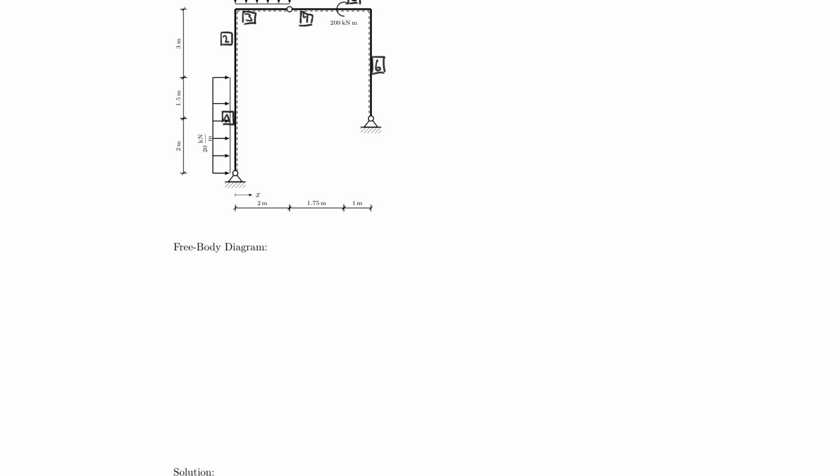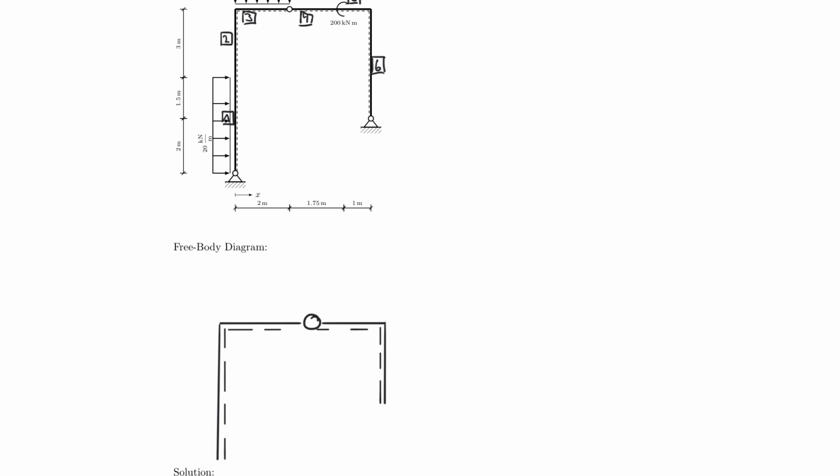So for my free body diagram, I have to include my forces. And this does not have to be 2-dimensional, but it has to be true to the general concept of the frame. So here's my hinge.